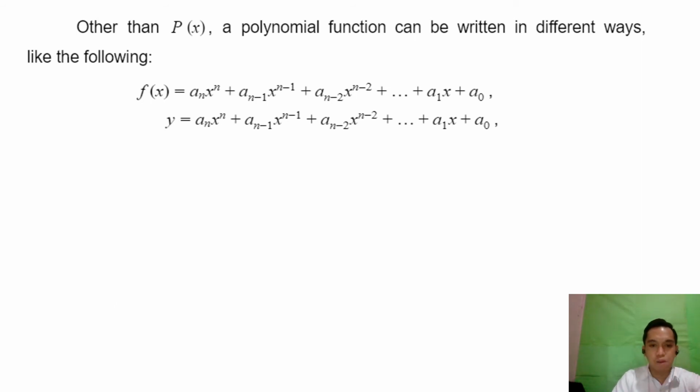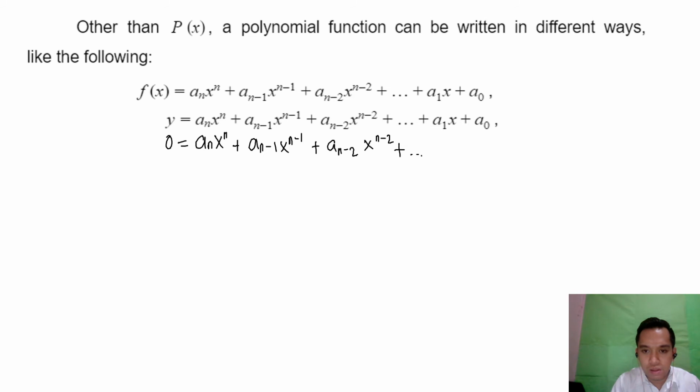Pero, take for example, kapag ito ay naka-equate to 0, yung y mo ay 0 equals a sub n x raised to n plus a sub n minus 1 times x raised to n minus 1 plus a sub n minus 2 times x raised to n minus 2 plus and so on plus a sub 1 x plus a sub 0.